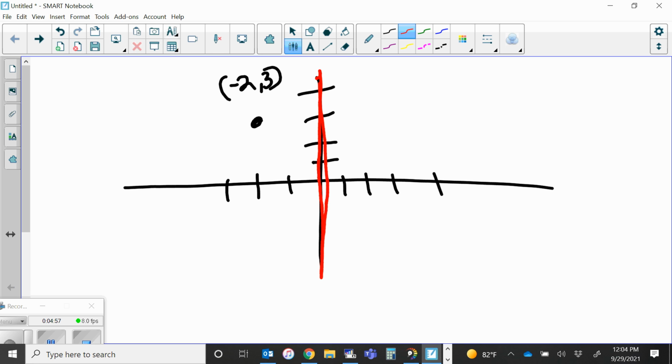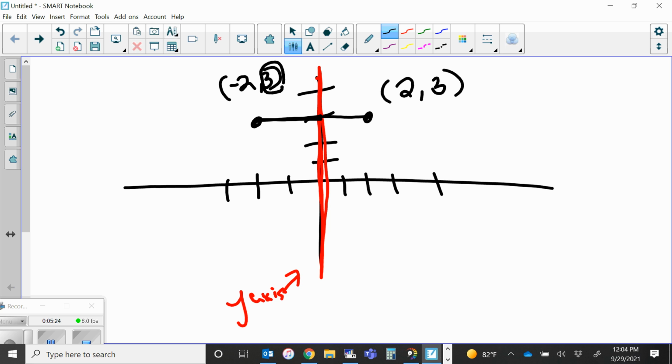Does everybody understand this is the y-axis, what I just labeled in red? Because what do we know? It's going to be the same distance from the y-axis, just this way. Just reflected or mirrored, yes? So what is my ordered pair now going to be? (2, 3).